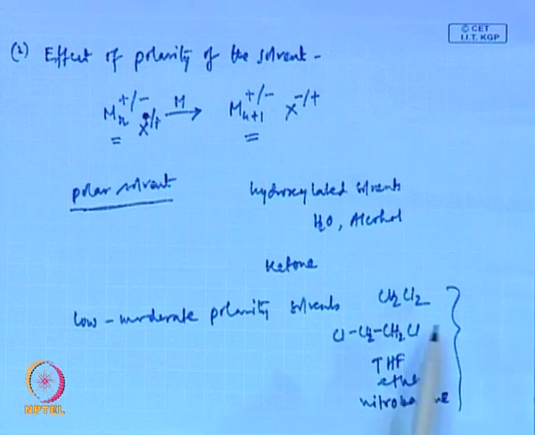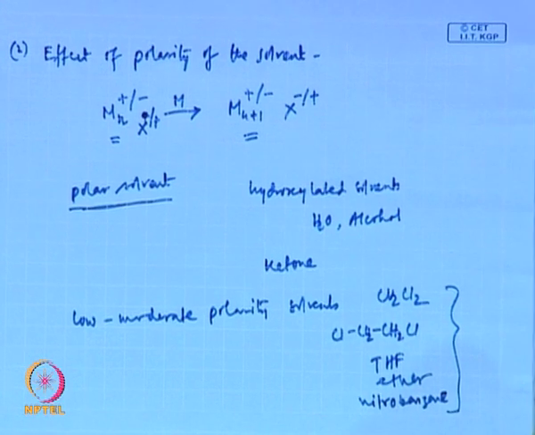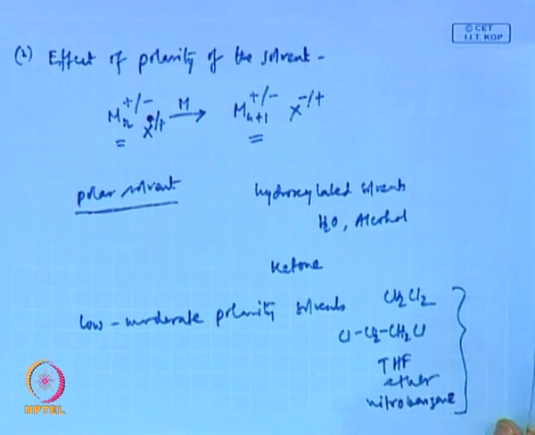They can be used for ionic polymerization, but these are not very generic, in the sense that these solvents can also react with an ionic species. So, we will discuss the specific requirements for solvents when we talk about cationic and anionic polymerization individually.